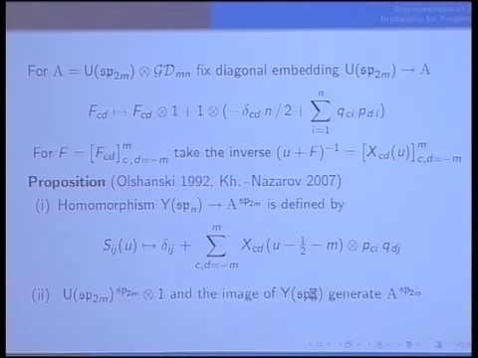And the homomorphism of the twisted Yangian to the centralizer of this diagonal embedding is given by an analogous formula. The difference is that on the second side we again have the second order differential operators, and here is an inverse matrix to the matrix generated by matrix units of sp_2M.